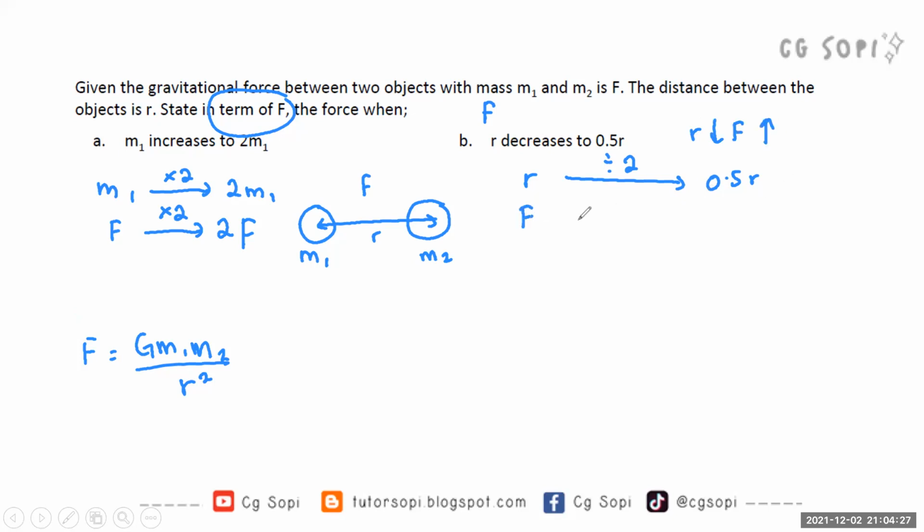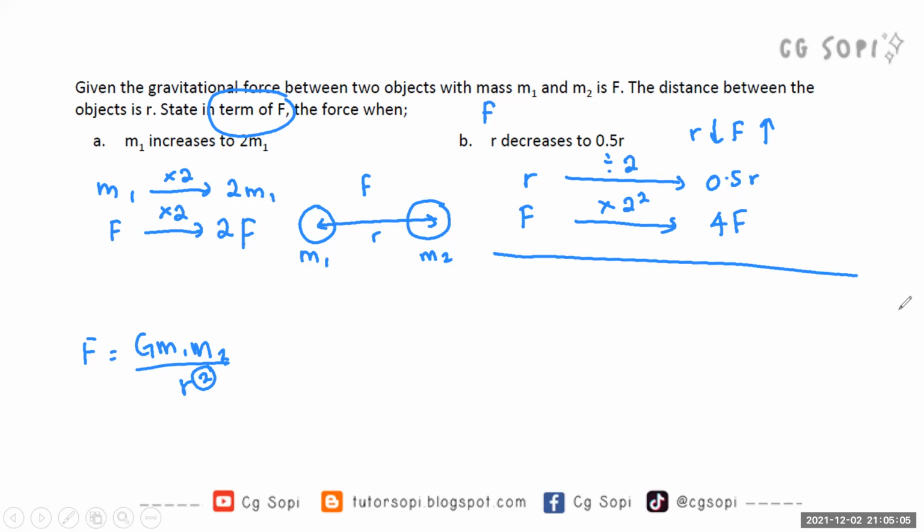You cannot simply divide F by 2, because that shows F also decreases. F has to increase, so you multiply. But remember the inverse proportionality is with the square, so you have to square also. From here you get 4F. When R decreases from R to 0.5R, you divide by 2, so for F you multiply by 2, but you have to square it. So you get 4F.